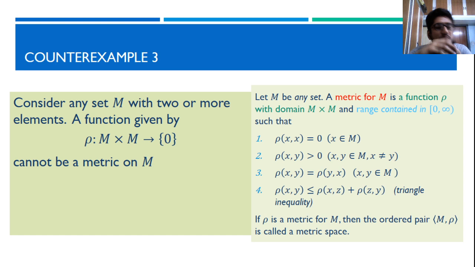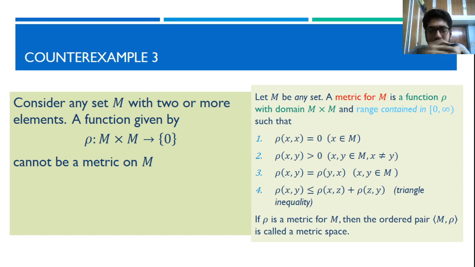The counterexample which asked: consider any set M with 2 or more elements, and we were wondering whether the function rho from M cross M, where the domain is correct, to the singleton {0}, which is again perfect, as it is a subset of the closed interval 0 to infinity, can be a metric.